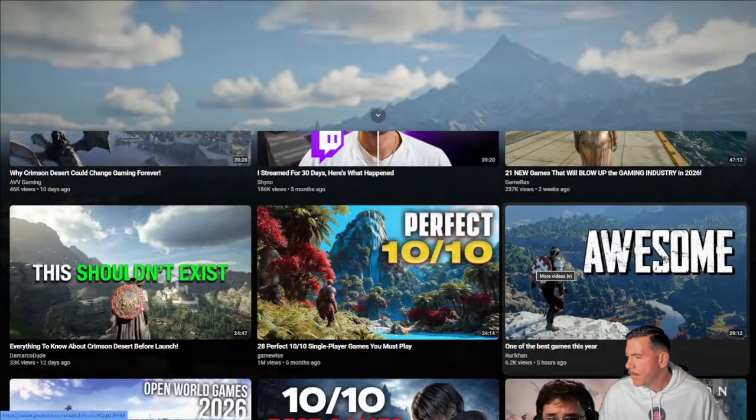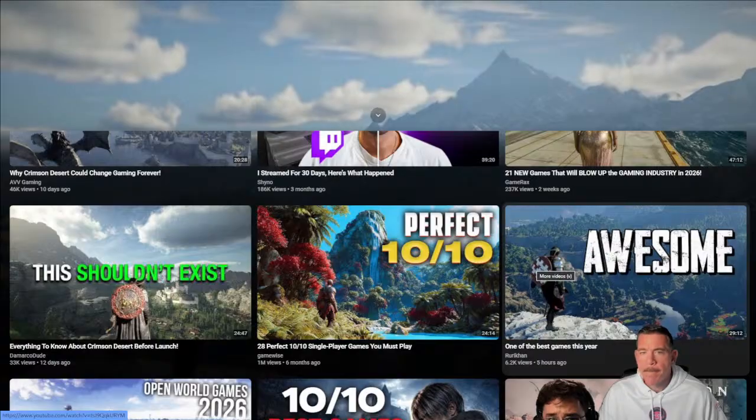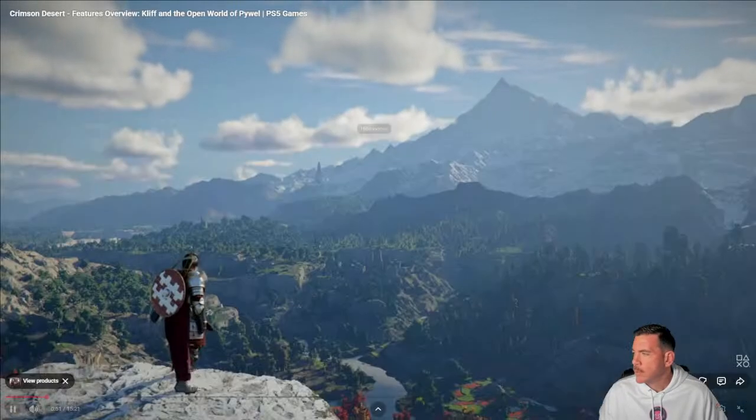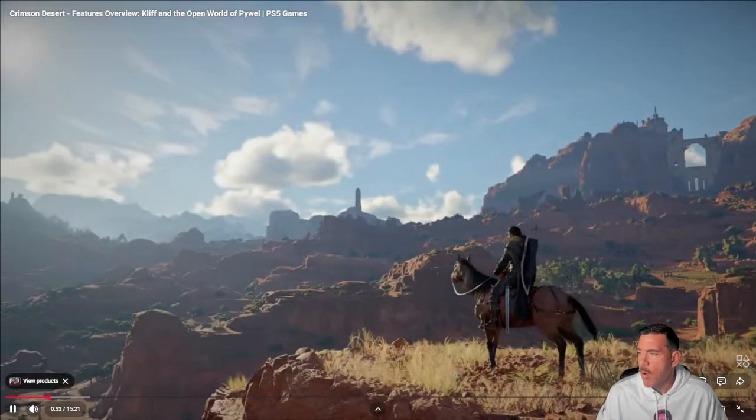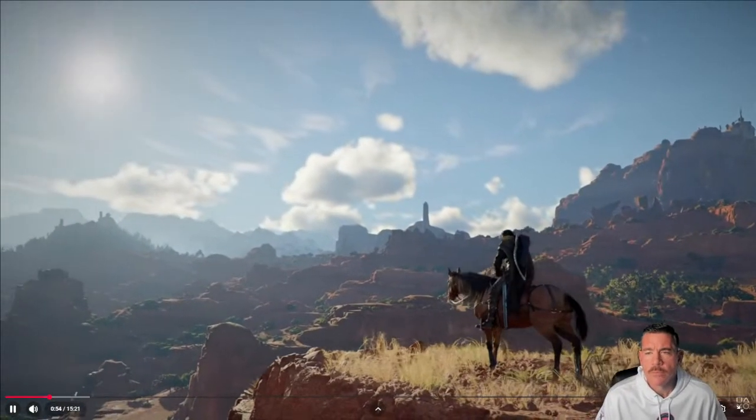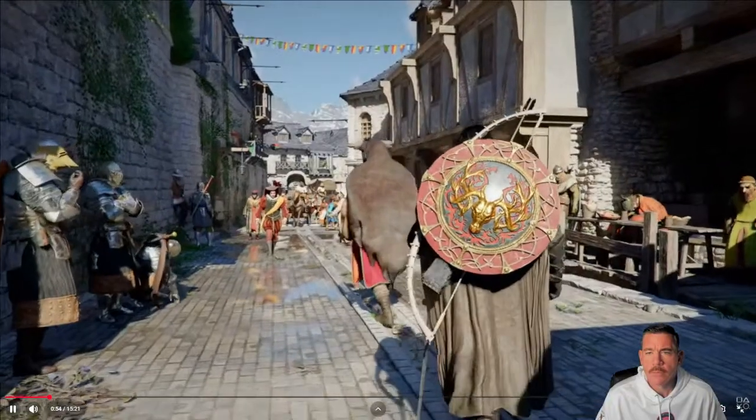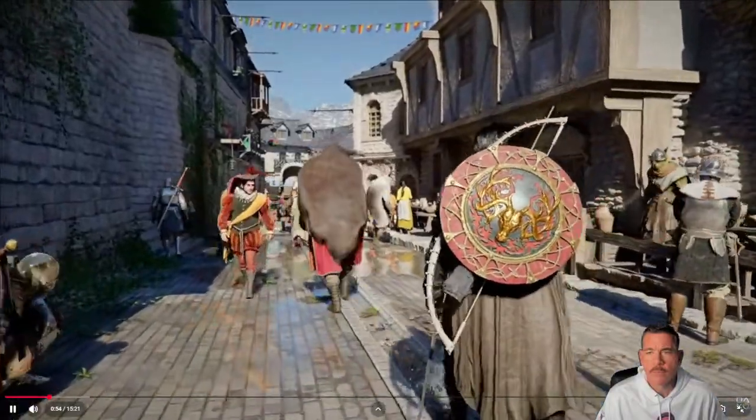This is the continent of Pywell, a seamless open world filled with natural beauty. Here you'll find both vast wilderness stretching as far as the eye can see, and bustling cities inhabited by residents from all walks of life.